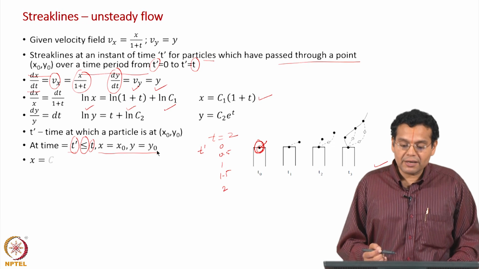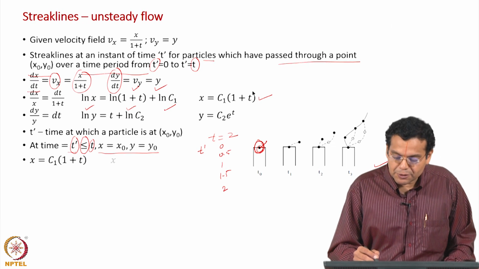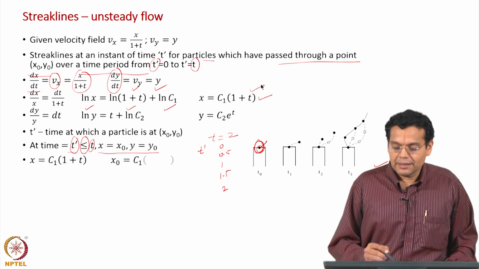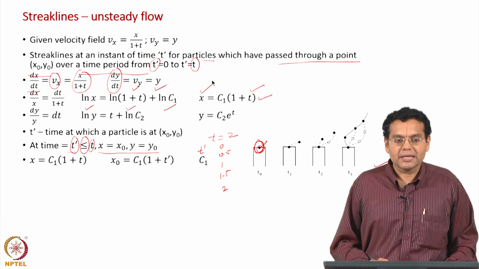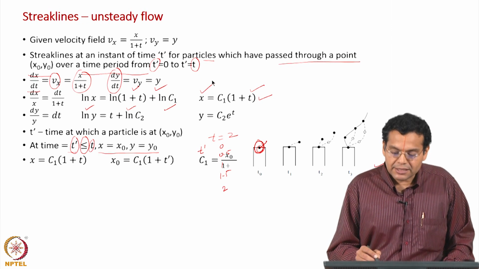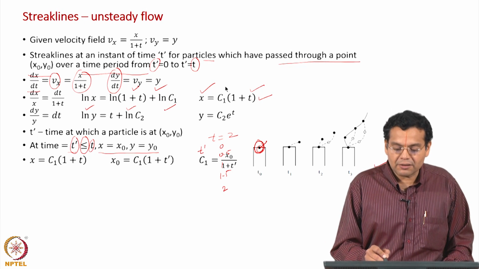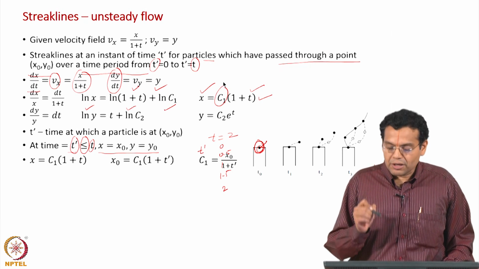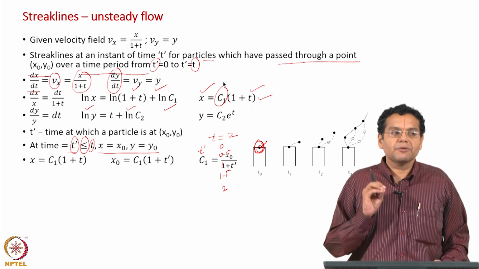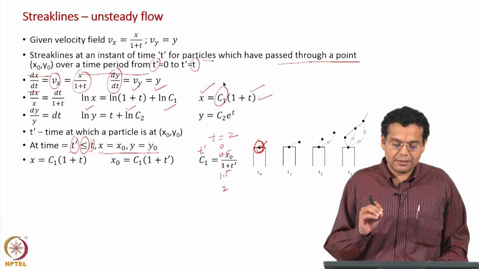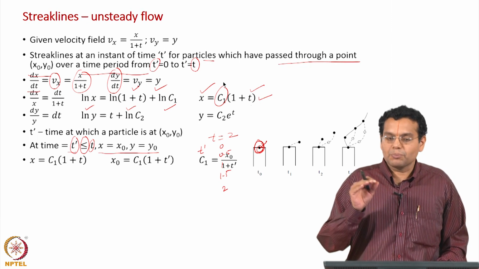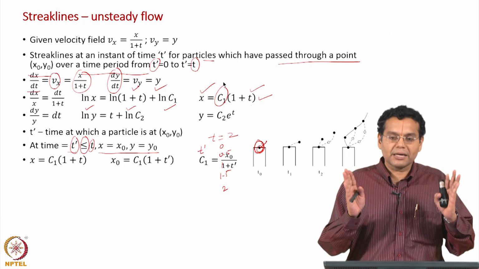So, to evaluate the constants, I should substitute t equal to t dash here and x equal to x naught here. In the earlier case, we just substituted t equal to 0, the initial time, and evaluated the constant. But here, to evaluate the constant, we should know the position of the particle at some particular time.